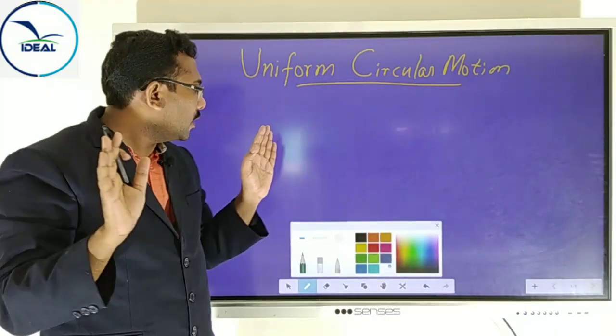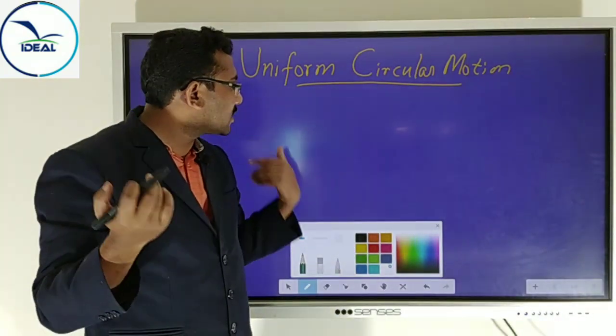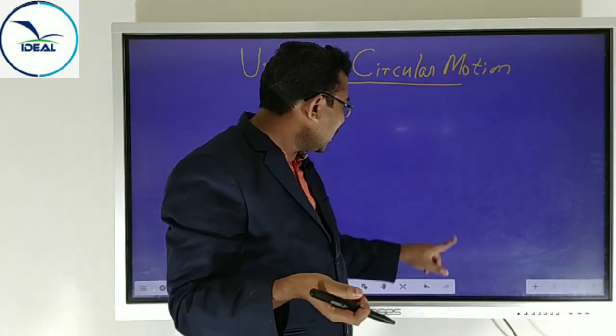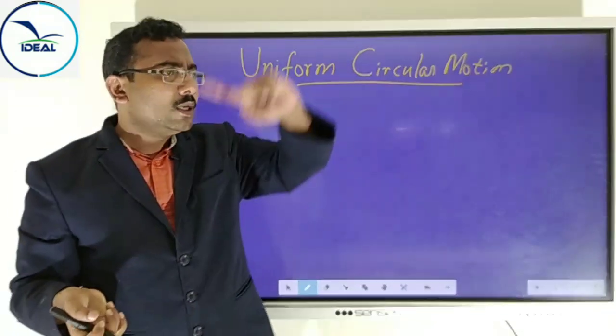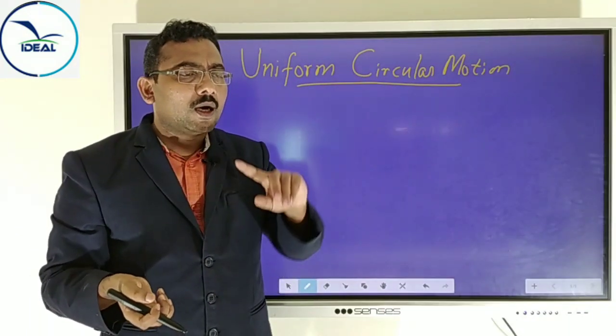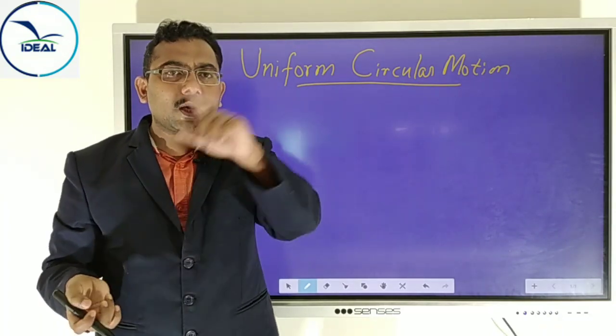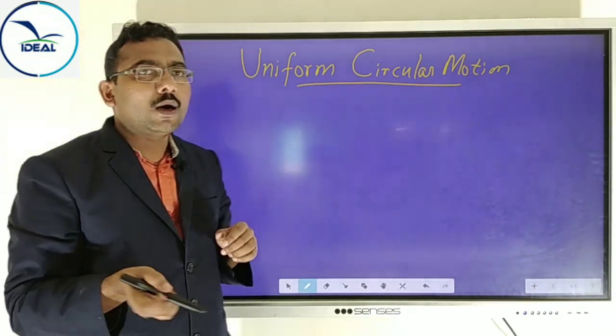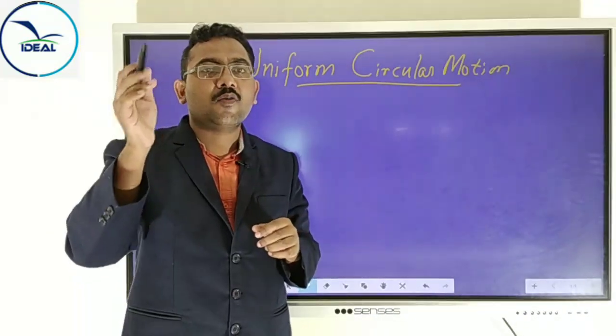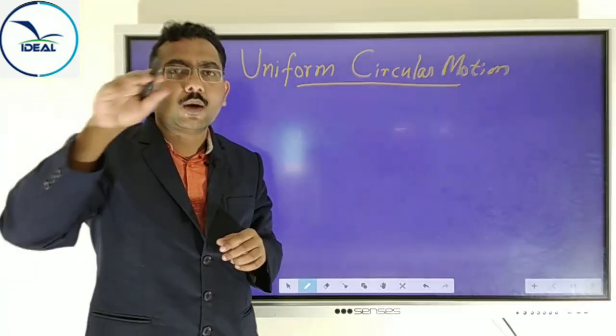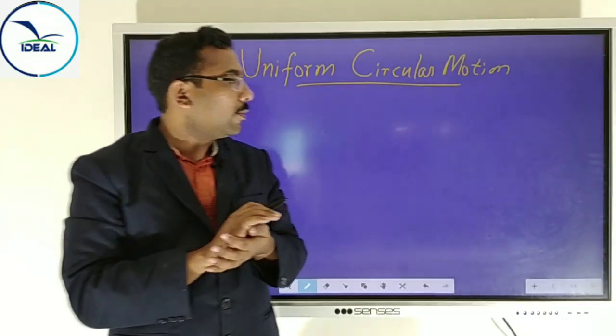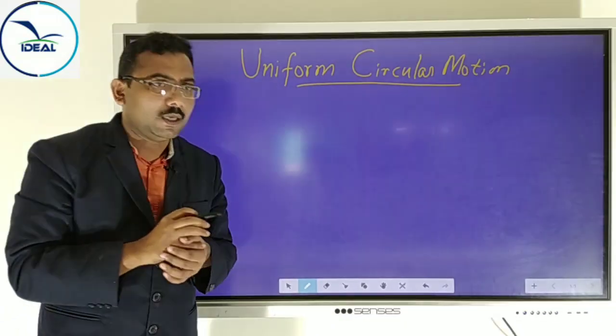The rotation of the earth, the revolution of the earth, the electrons revolving around the nucleus, the hands of clocks move in circular motion. You can see a number of examples in our daily life.